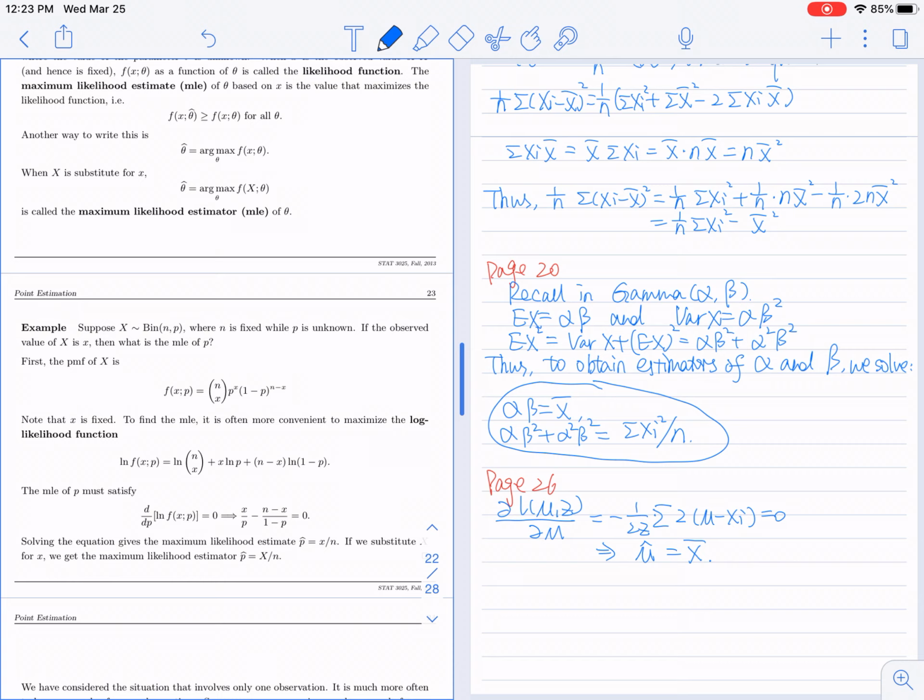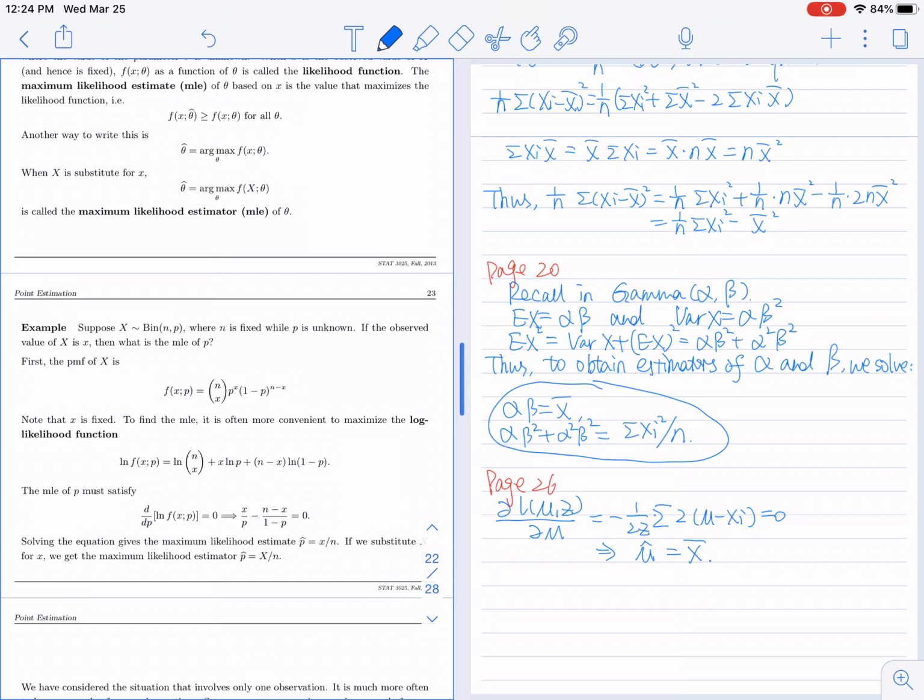From previous slides, we know that a reasonable estimator can be small x divided by n, right? But now let us use the maximum likelihood estimator to see if the MLE coincides with the previous estimator we have.